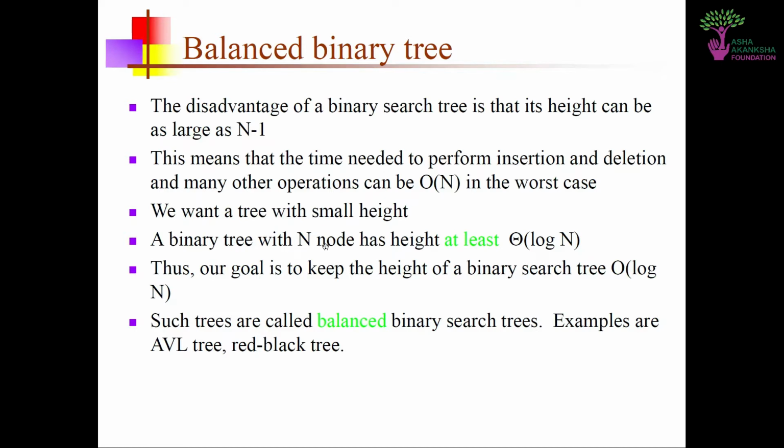A binary tree with n nodes has height at least order log n, so the minimum height would be log n, and we want that to be the case in our tree, in which we will do our insertions and deletions, for the best time complexity. Our goal is to keep the height of a binary tree as order of log n, and such trees are called balanced binary trees, in which the height is of order log n. Some examples are AVL trees and red black trees. In today's lecture we're going to be talking about AVL trees.